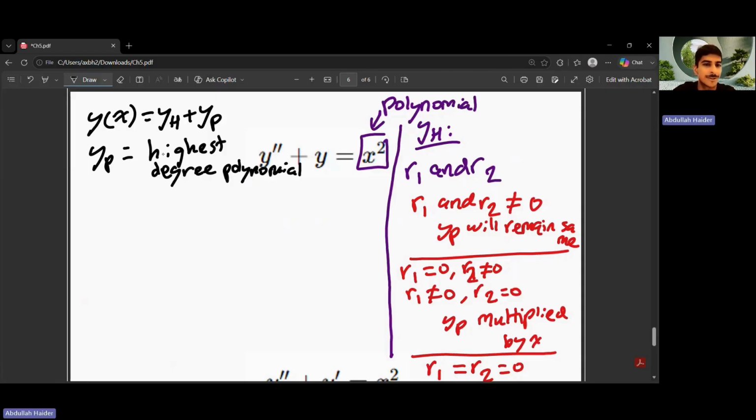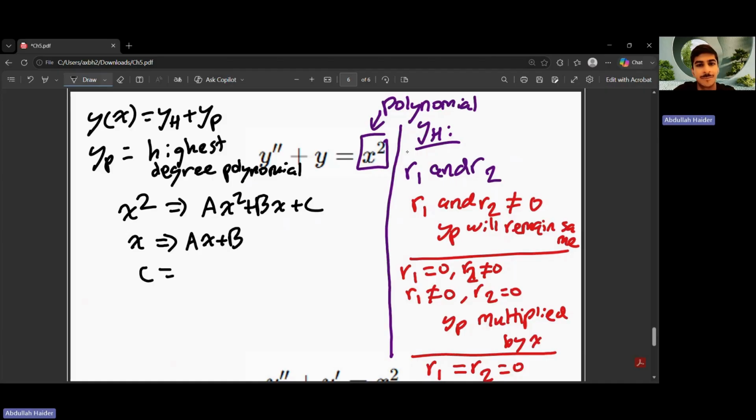It might not sound right, but if you have x squared on the right side, then you will have ax squared plus bx plus c. If you have x on the right side, then your yp is going to be ax plus b.